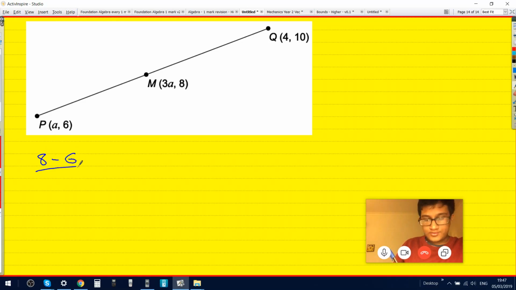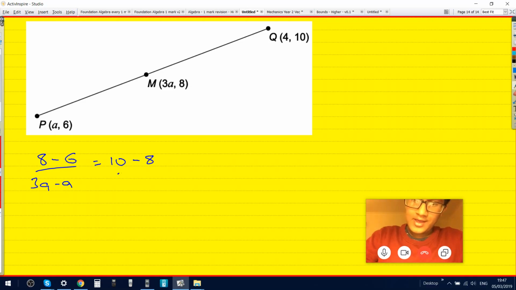Change in y is 2. Change in x is 4 minus 3a. So you have 1 over a equals 2 over 4 minus 3a. And you could cross multiply this. So you've got 4 minus 3a equals 2a. You can simplify before you do that.